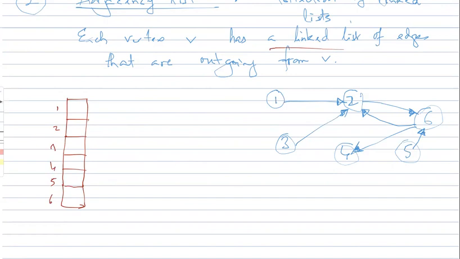From here, 1 is connected to 2, and that's it. So 2 is connected to 6, and that's it. Then 3 is connected to 2.